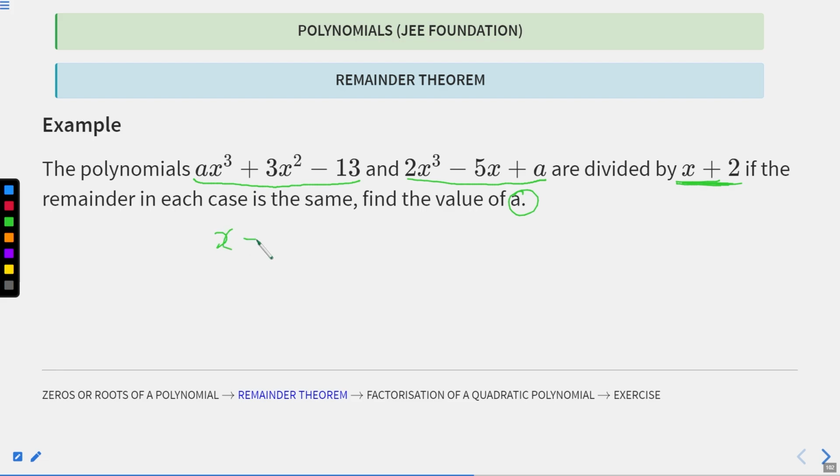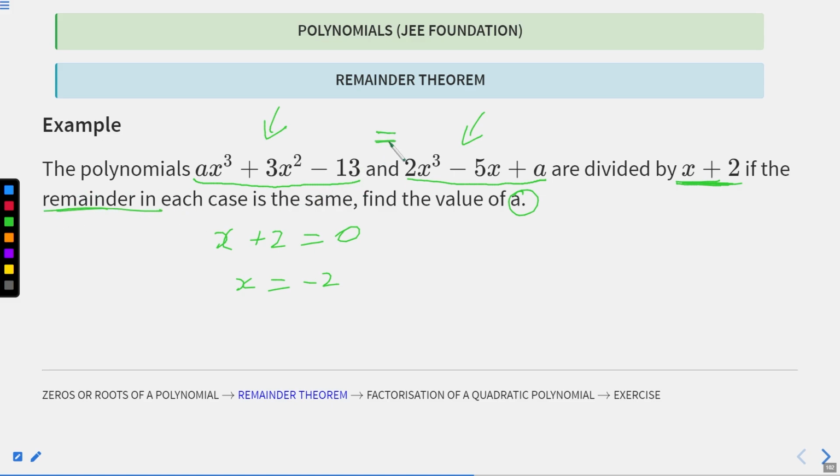Because the divisor is x plus 2, putting it equal to 0 will give me the point where I can get my remainder. So it is minus 2. Now putting x equal to minus 2 in both, and equating them to each other, I will get my value for a, because the remainder in each case is the same.